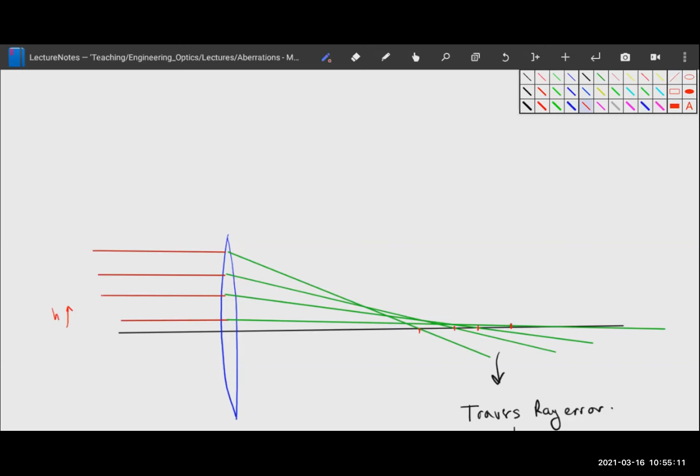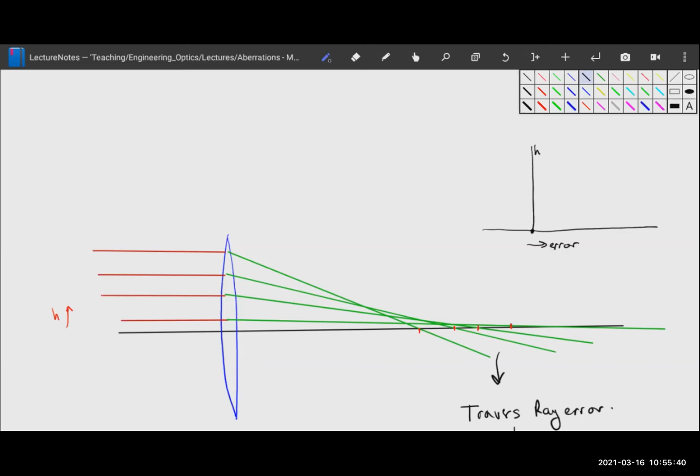And so if we were to plot this, we would take our x and y axes like this, and we would say, all right, so traditionally this is still our height, h, in our pupil, and then this is our error in this direction here. So we would plot a point.